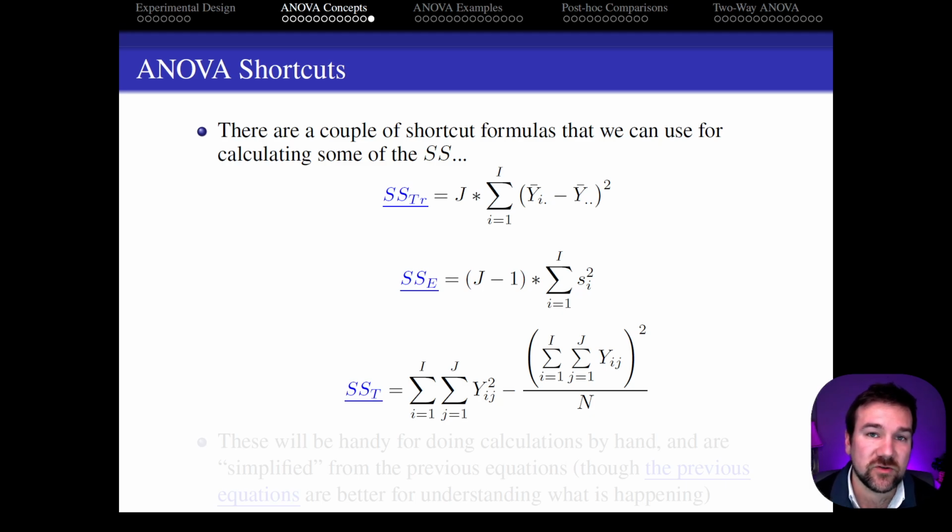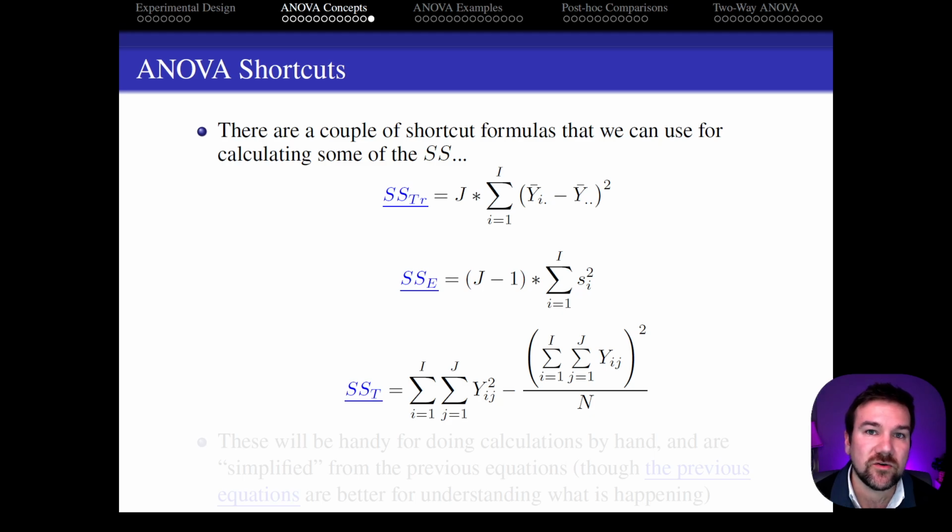So on the left-hand side, you're squaring before you add them. On the right-hand side, in that numerator, you're squaring after you add them. Then on the right-hand side, you divide by the total sample size. That is your capital I times capital J, or just the total number of participants you have in all of your groups combined.